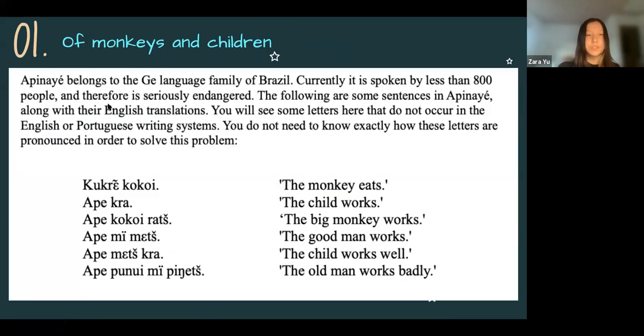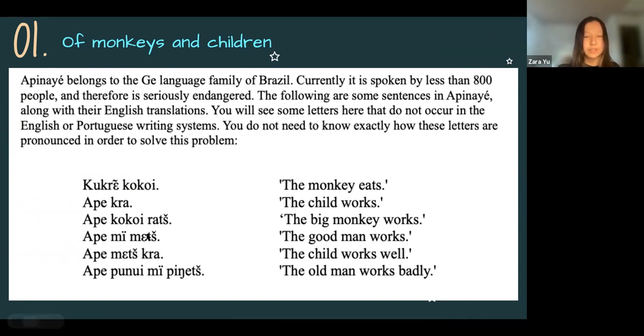Okay, so we're going to move to the first problem now. It's called Of Monkeys and Children. There's this language here. I'm not going to try pronouncing it, but it belongs to a language family in Brazil, and it's spoken by less than 800 people. Here are some sentences in this language with their English translations. You'll see some letters here that don't occur in the English or Portuguese writing systems, like, for example, this one.